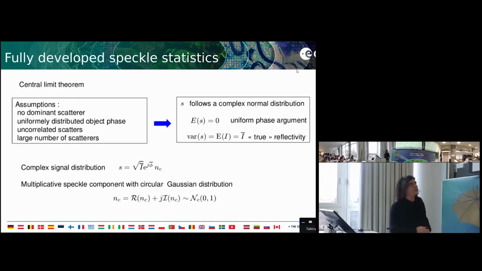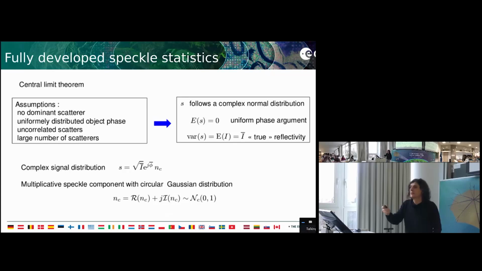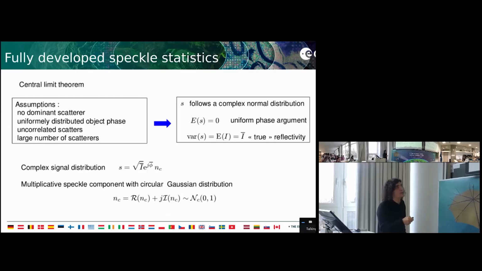A little bit of modeling. The modeling of speckle was, of course, not done by radar people. It was done by opticians, well before, because they have exactly the same effect with coherent acquisition in optics with lasers. This speckle is well modeled by a product model, which says that your measurement S can be modeled as a product of a Gaussian complex noise times a term which is interesting to you.